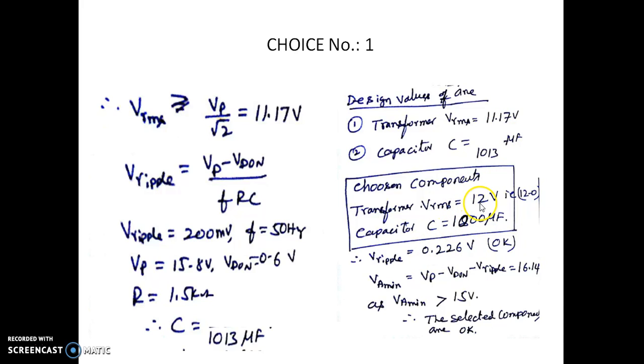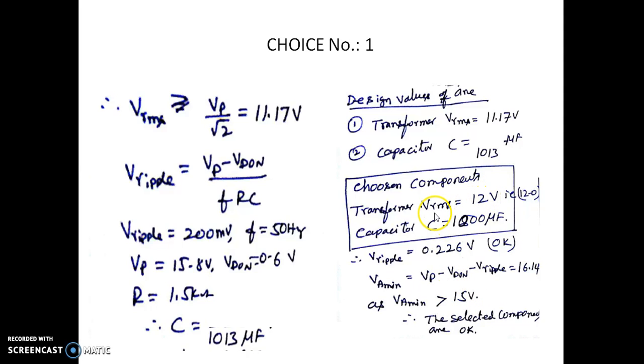Upon using 12 volt as the transformer rating and C as 1000 microfarad, the V ripple comes out to be 226 millivolts, which is close to the specification of 200 millivolt. And VA minimum happens to be 16.14, which is certainly greater than 15.